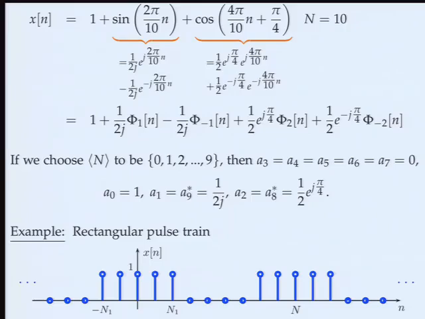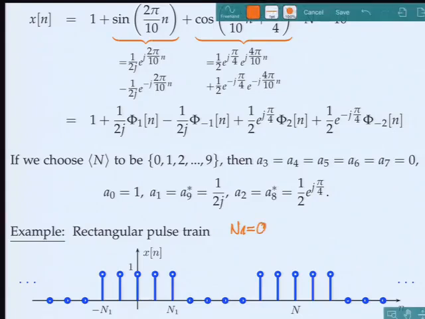The special case where N1 is equal to 0 gives us a signal that looks like what? N1 equal to 0 means this guy is not there, this guy is not there, neither is this, neither is this, so those just disappear.